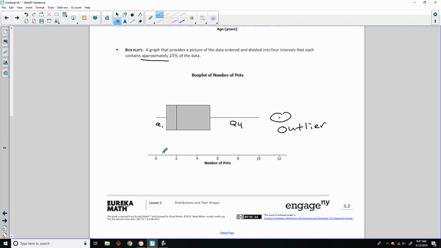So 25%, this is a number of pets. Number of pets in a household, I guess, maybe? So 25% of the population has between 0 and 1 pet. 25% has 1 to 2 pets. 25% has 2 to 5 pets. And 25% has 5 to 10 pets. And there's an outlier where some people have as many as 12 pets, whoever was questioned for this graph.